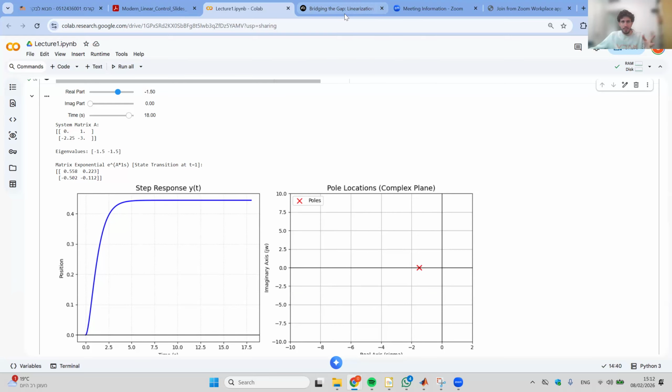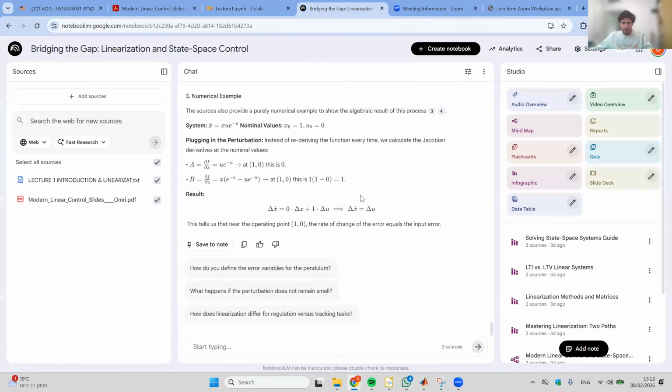Now moving on to the lecture, I want to introduce NotebookLM. I guess most of you or some of you know about it. The point of this notebook is that when we work with a large language model like ChatGPT or Gemini, when we ask it a question, it goes out to the internet to search for answers, and sometimes it causes problems because it just answers no matter what, and sometimes it says things which are not really true.